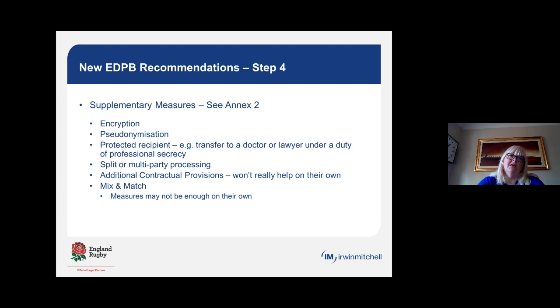And also pseudonymization, what they've suggested is that that might work in some situations, but you might want to combine it. And that is one of the points that they have made, that quite often, to actually be an effective supplementary measure, you might need to combine some of these provisions.